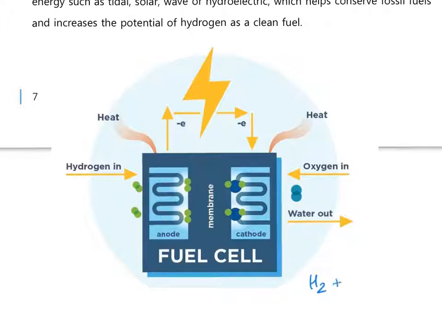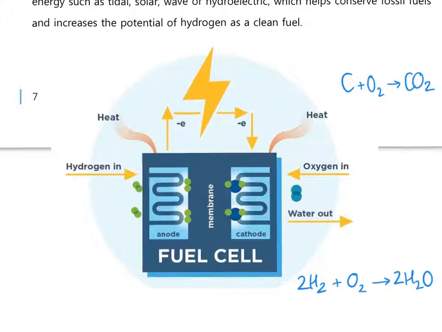So we know that when hydrogen reacts with oxygen, we get water. To balance that equation, you need a 2 here and a 2 here, and that's why it has the potential to be used as a clean fuel, because the only product is water, which we know is non-pollutant, whereas if you think of fuels that contain carbon, they're reacting with oxygen to produce carbon dioxide, which we know is a greenhouse gas and can lead to the greenhouse effect and in turn global warming, whereas hydrogen is a clean fuel.